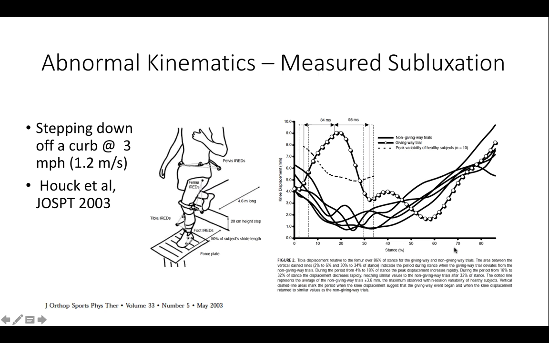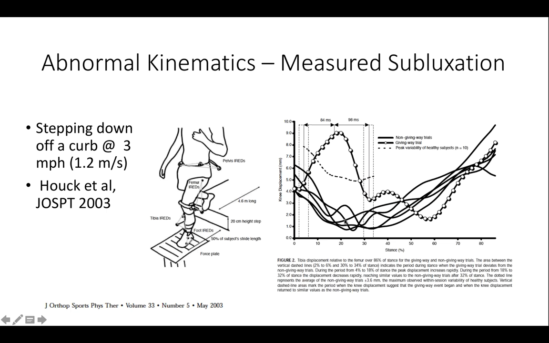On the x-axis of this graph, we have the stance phase of gait, or the step-down task. And we can see about 20% here marks the same point that the picture is drawn, with foot flat and the knee about 30 to 40 degrees flexed. The y-axis on this particular scale is anterior displacement.